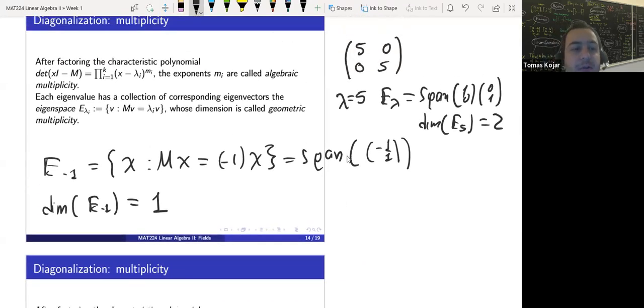We're talking about the geometric multiplicity of lambda, not of the eigenvector, because we ask for the dimension of the eigenspace of the corresponding eigenvalue. We have two eigenvectors, that's why I did this example for one eigenvalue. Is that okay, Angela? So it's always about the eigenvalue. Okay, good.